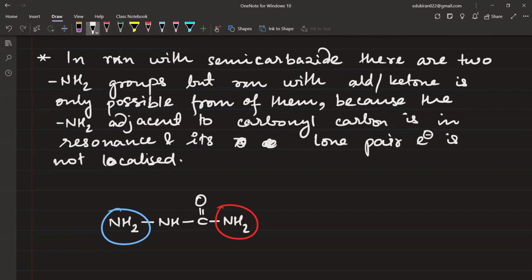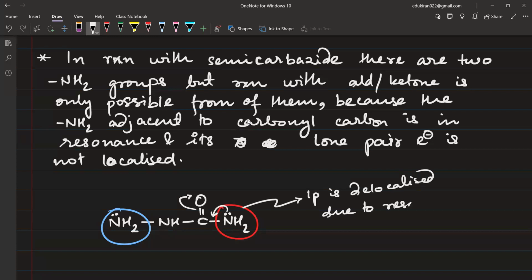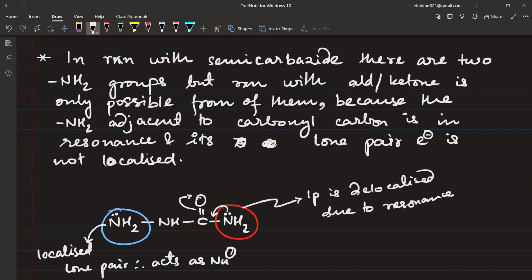Both of them have lone pair electrons, but the lone pair of this one is involved in resonance, so it is delocalized due to resonance. And here this lone pair electron is localized, and therefore acts as a nucleophile.